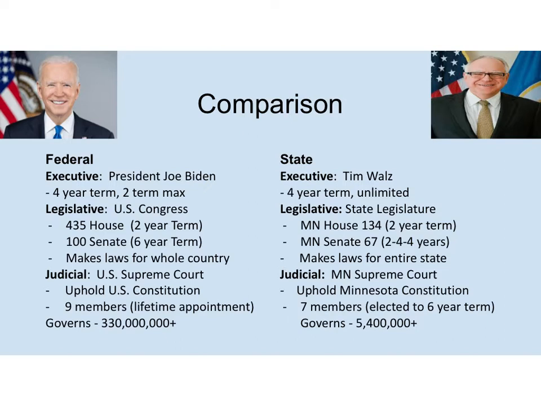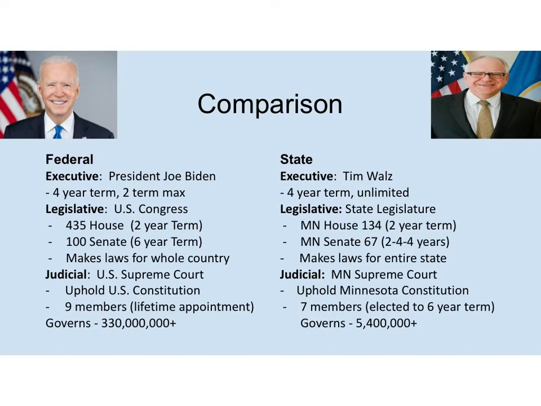Finally, the judicial branch of government in Minnesota is led by the Minnesota Supreme Court. They uphold the Minnesota State Constitution. Currently, there are 7 members, and they are all elected to 6-year terms unless they were appointed by the governor to finish a term.